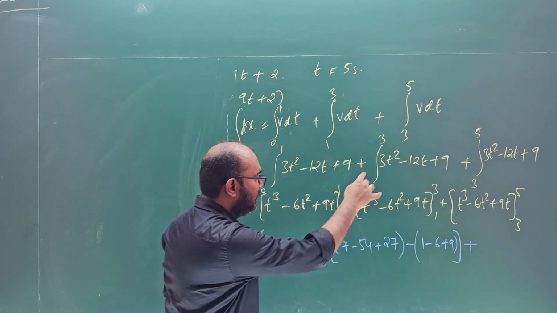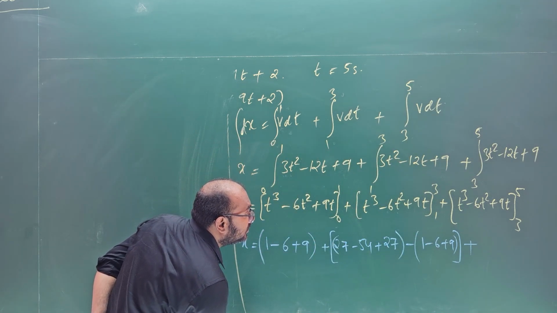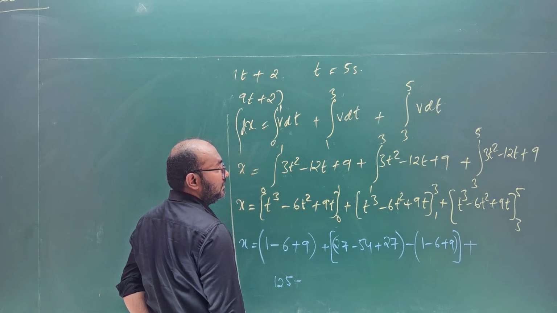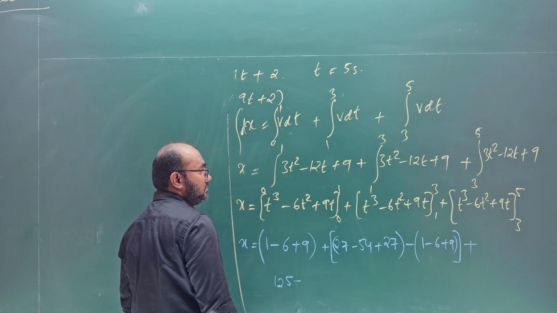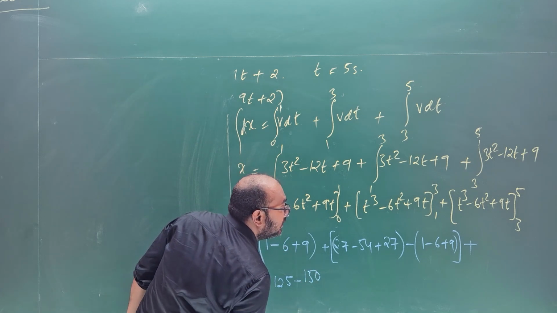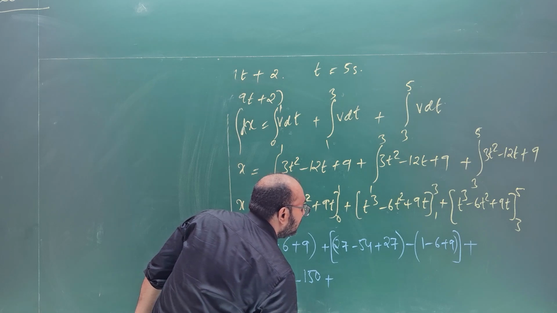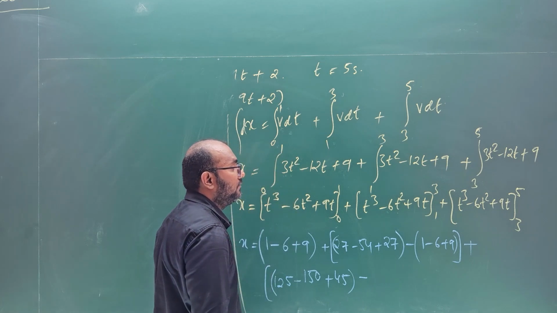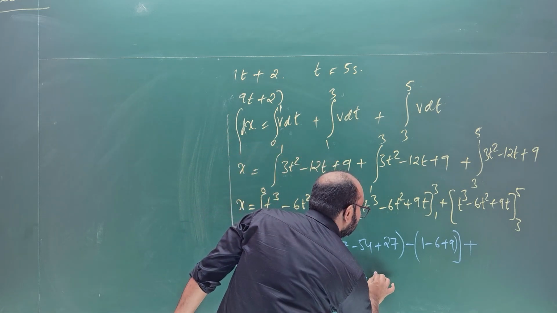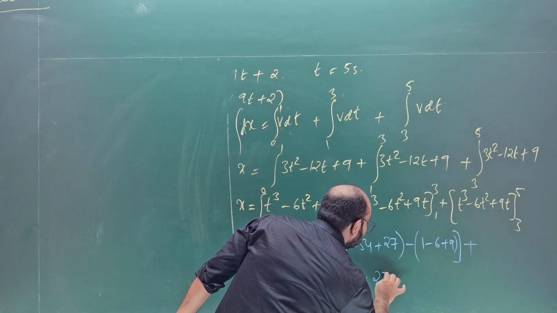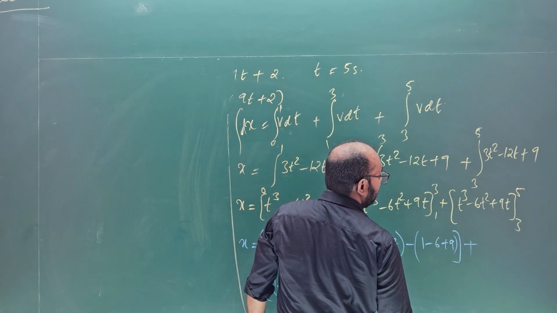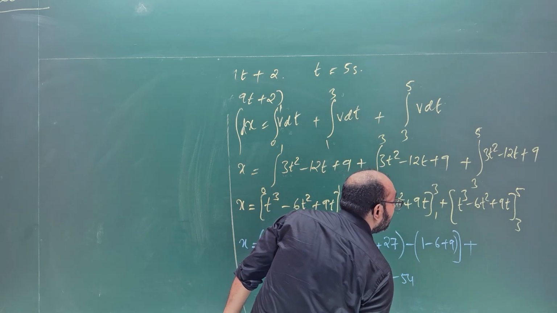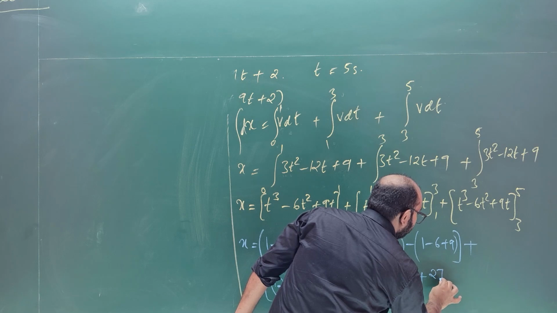Then plus, apply upper limit, 5 cube 125, minus 25 into 6, that is 150, then 9 times 5, 45, minus, apply the lower limit, that is 3 cube 27, minus 9 times 6, 54, plus 27.